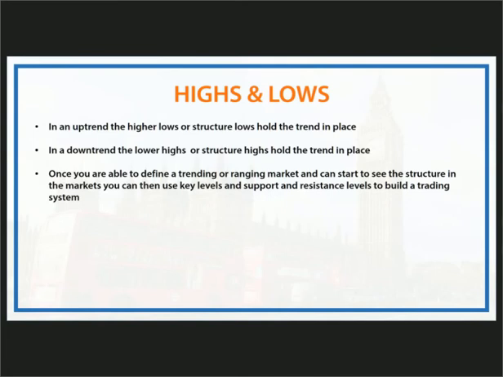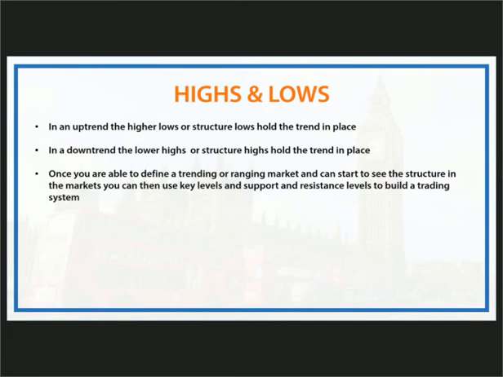A downtrend is a series of lower highs and lower lows. So if we were in an uptrend, and the higher low was not broken, we could not technically say that we're in a downtrend, could we? Because we don't have the series there. Does that make sense?